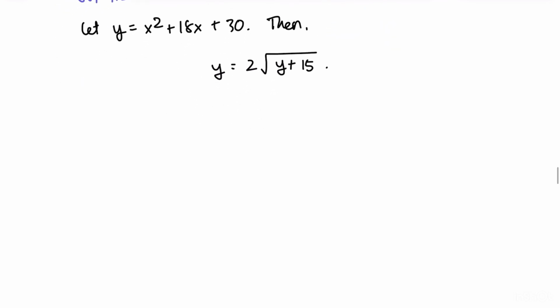I'm gonna solve for y, so squaring both sides, this becomes y squared equals 4y plus 60, and this becomes y squared minus 4y minus 60 equals 0.